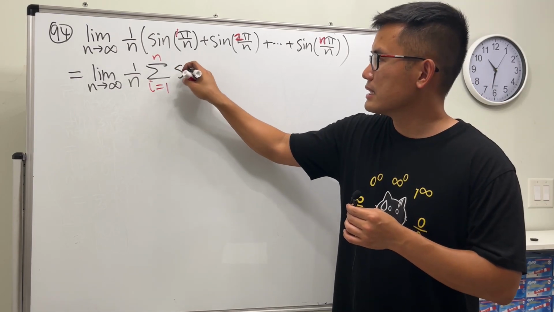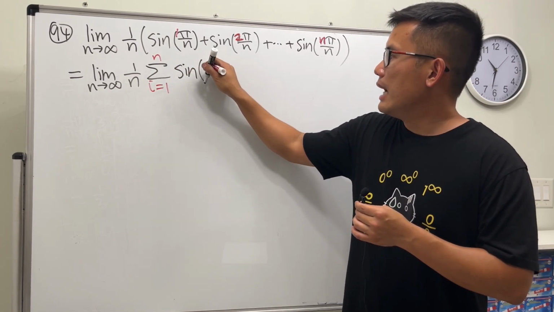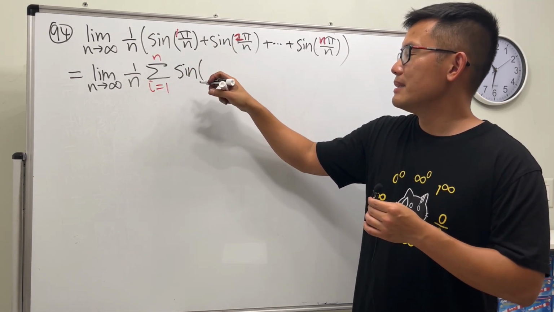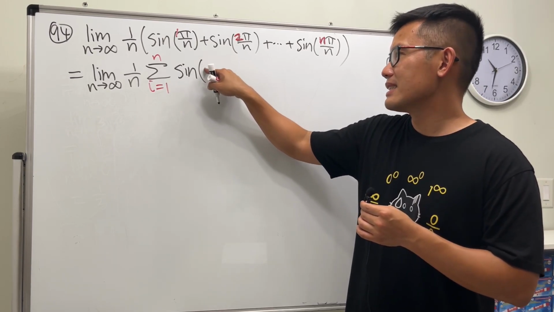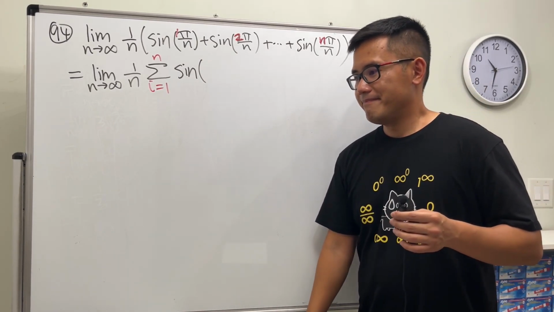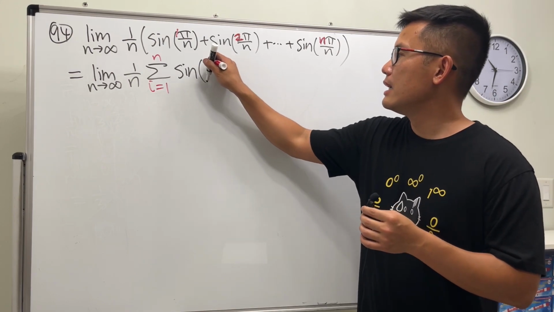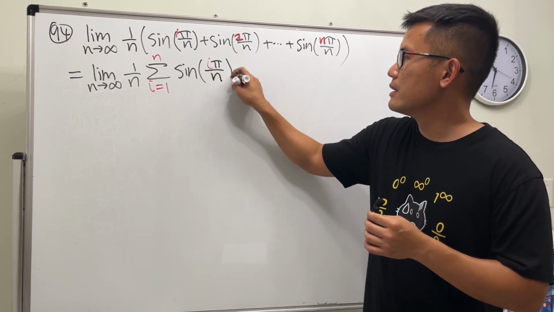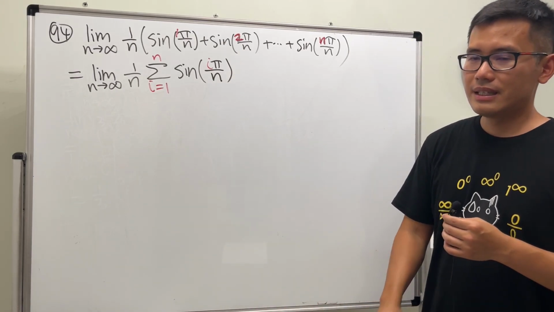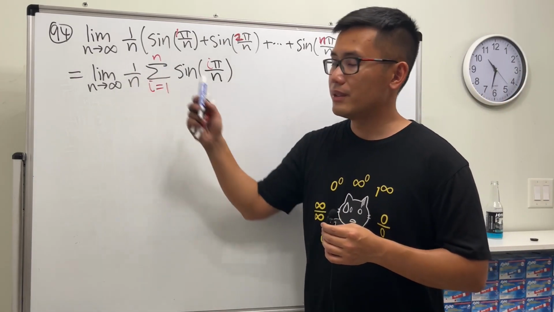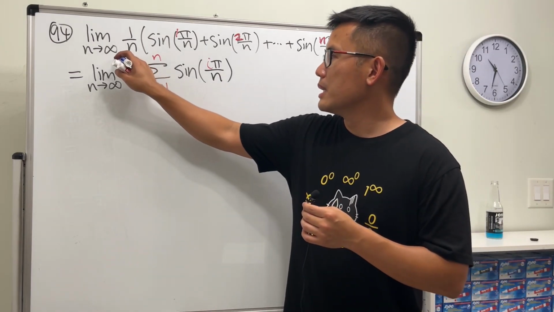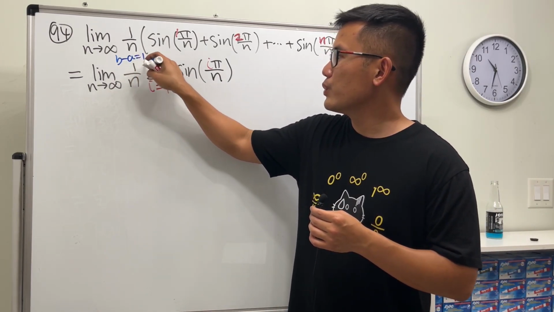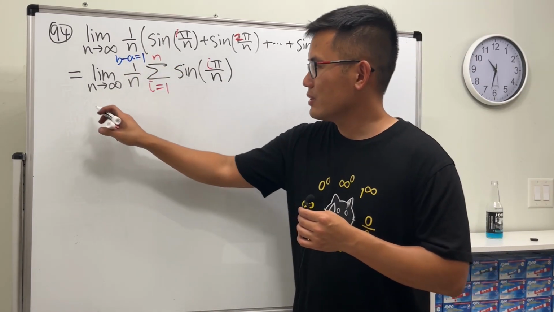So we are talking about sine of, let's put it as i pi over n. Okay. Now, this number is just 1. And that means b minus a is equal to 1.